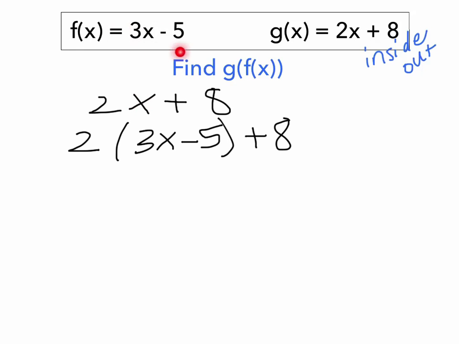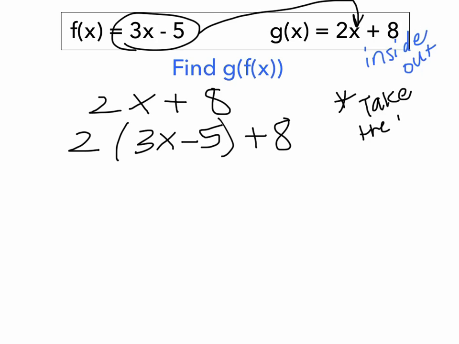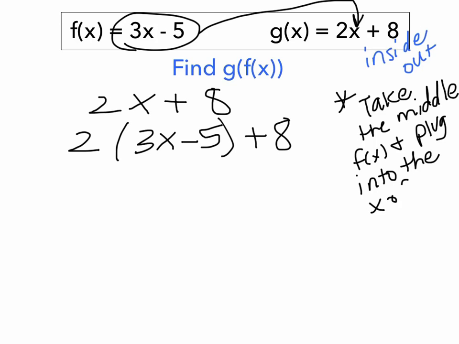Well, I plugged in this whole function, so this went right into this x. If you wanted to see the step written out, I would say take the middle, which was f of x, and plug it into the x of g of x.